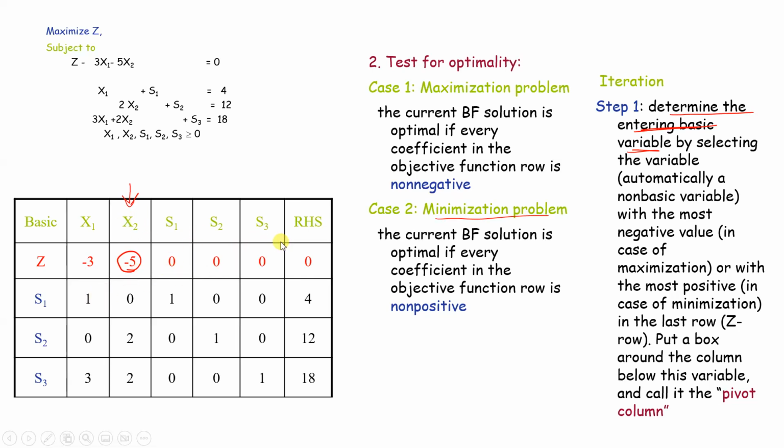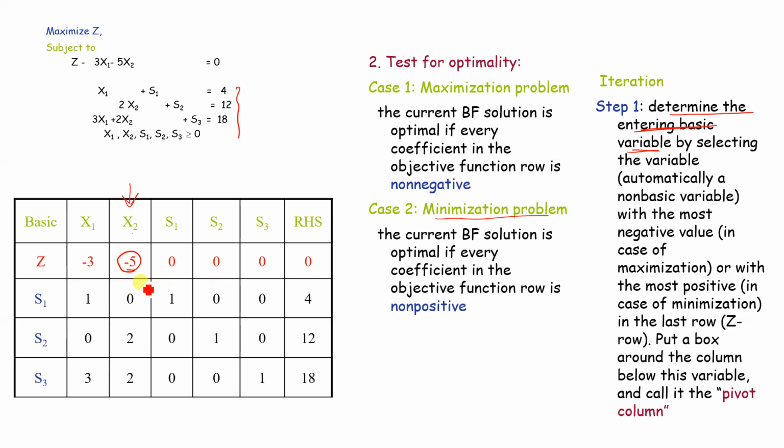As we learned before, the number of basic variables is always equal to the number of functional constraints. So if we add this to the list of basic variables, then one of the basic variables will have to leave the basic variables and become a non-basic variable.